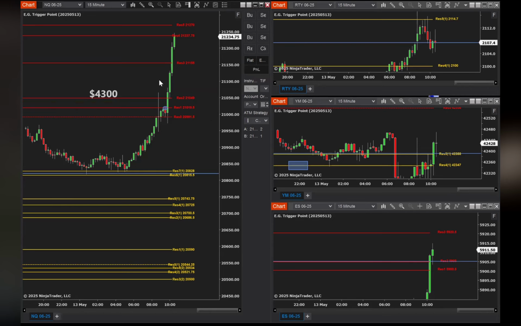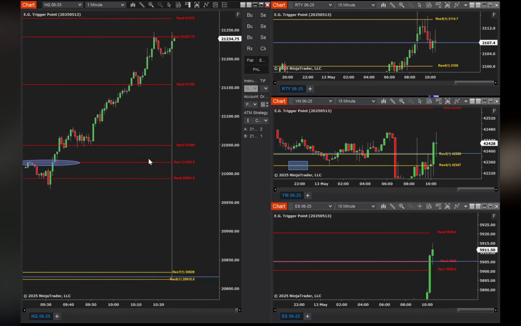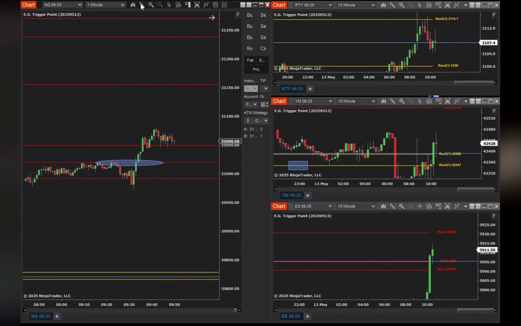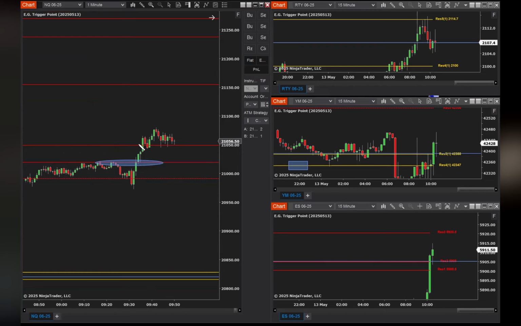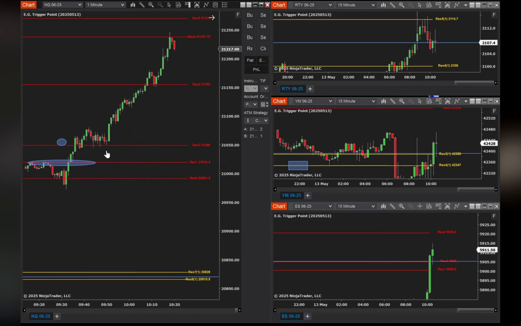This is exactly where traders fall into a trap. NQ broke its resistance, and I took a long trade here, and this is the movement I got, guys.